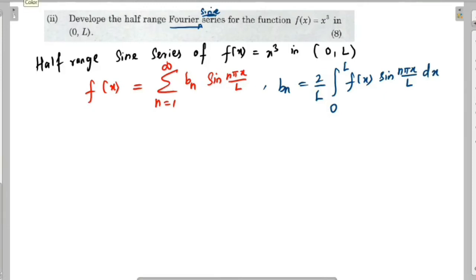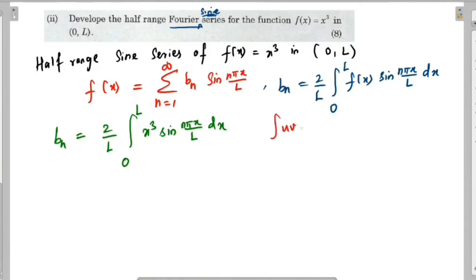Right? Now I'm going to use this formula. So bn equal to 2 by L integral over 0 to L x^3 sin(nπx/L) dx. So now here I'm going to apply the Bernoulli formula. The Bernoulli formula is integral of uv dx equal to uv1 − u'v2 + u''v3 and so on.